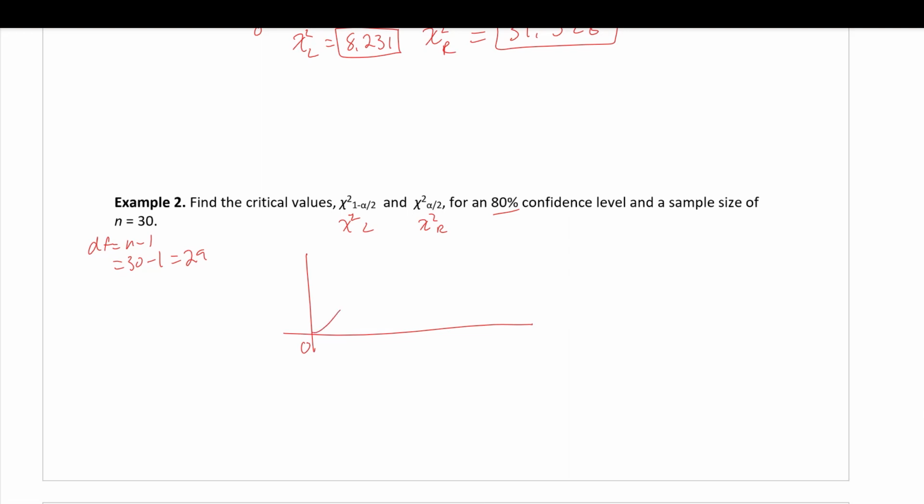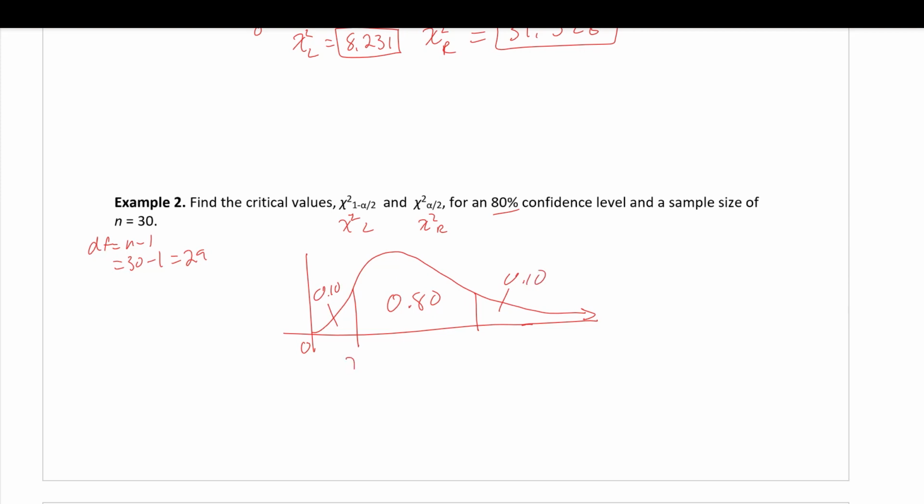That's 0. Again, we're looking for the middle 80%, so let's just go ahead and cut this down. This middle portion is 0.80, and the remaining portions have to add up to 0.2, and that means that there's 0.1 in each tail. This is 0.10, 0.10. All three parts have to add up to be 1.